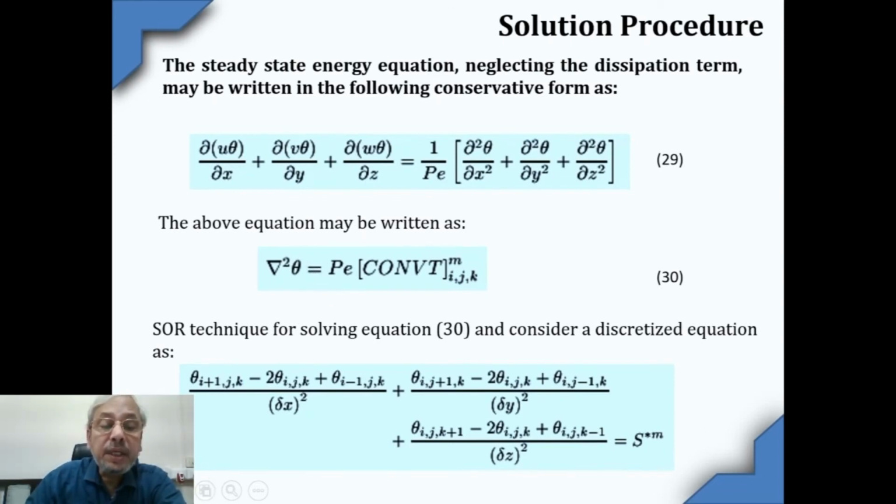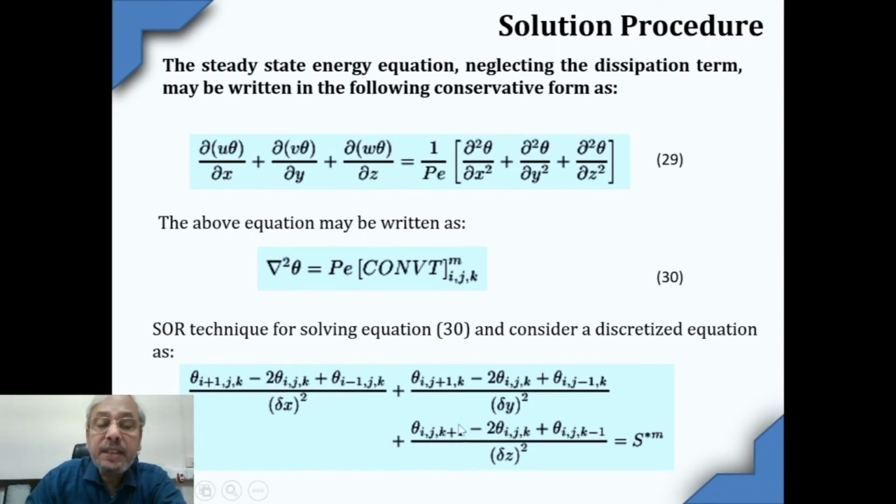On the left hand side we had basically the central difference scheme to discretize del square theta in the x, y and z directions, and we can see that it involves theta ijk and its neighbors i plus 1 jk, i minus 1 jk, ij plus 1k, ij minus 1k, ijk plus 1, ijk minus 1.